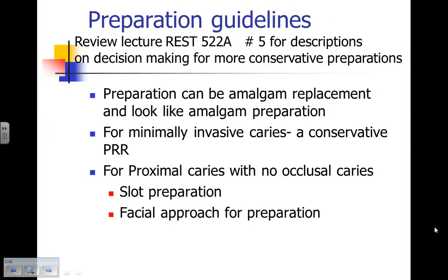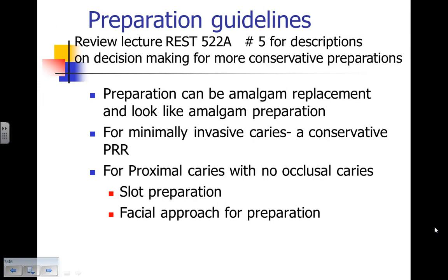Our guidelines for decision making really are based upon the extension of the caries and the pathology. It depends upon the defective restoration and its ability to be repaired or need to be replaced.